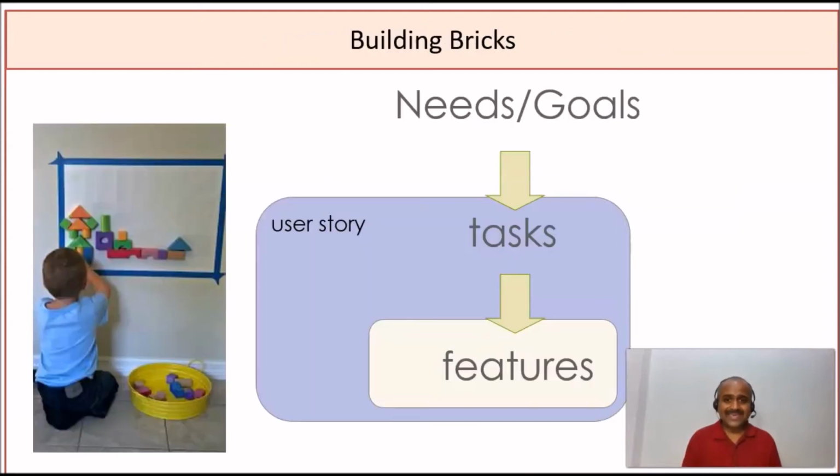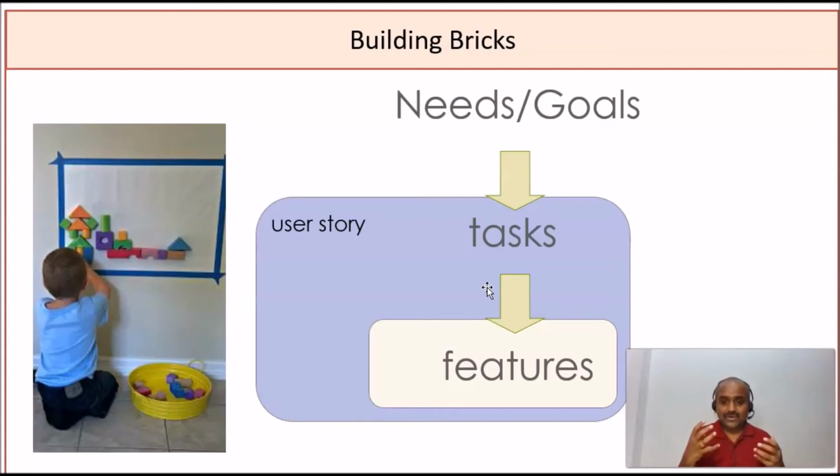Okay, so the key here is, how do we build features? Now the building bricks of this product roadmap planning event is, first we need to understand what are the user needs and what are the user goals. And we will basically translate those user needs and goals into tasks. Okay, and these tasks we define in the way of user stories, and a group of user stories related to feature capabilities to a product.